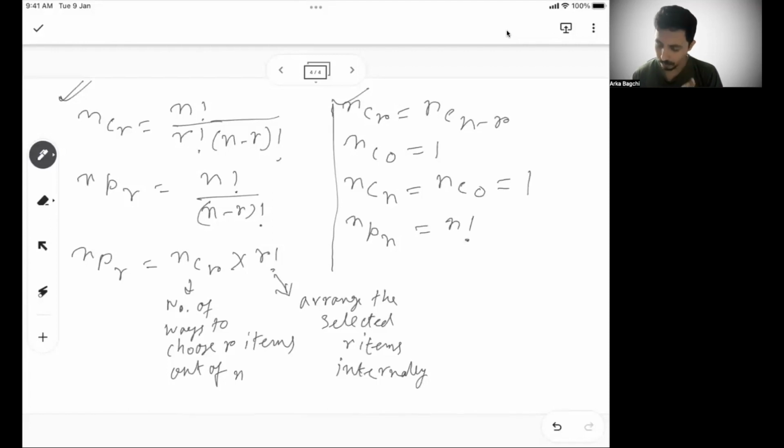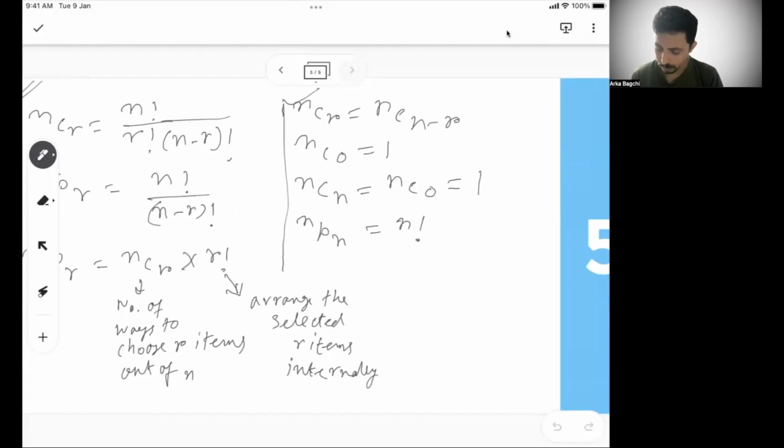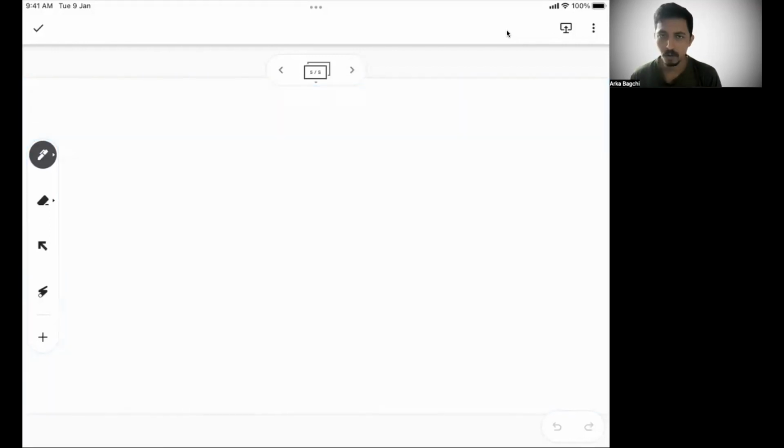Now let's move on and take one or two examples and see how we can solve them. Let's say you have 5 digits, 1, 2, 3, 4, 5.